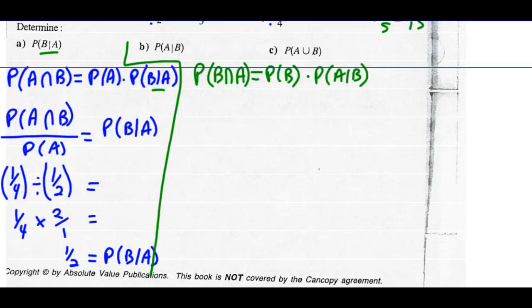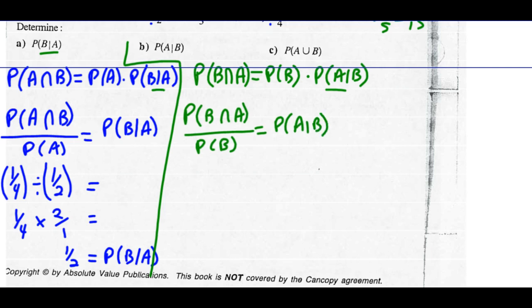So again, if I want to solve for the probability of A given B, I'm going to divide both sides by the probability of B. So the probability of B intersect A divided by the probability of B should equal the probability of A given B. Sorry, probability of B intersect A is the same as probability of A intersect B. So that's going to be 1/4 divided by the probability of B, which we're told from up above is 1/3.